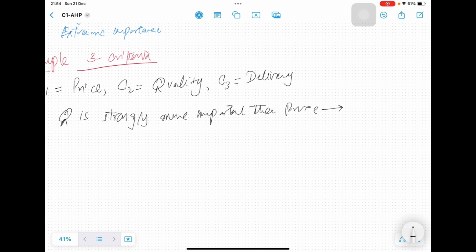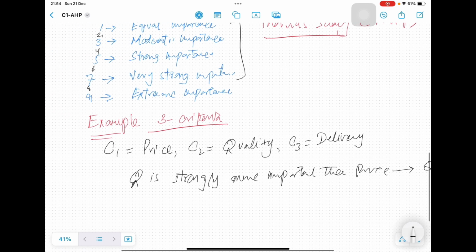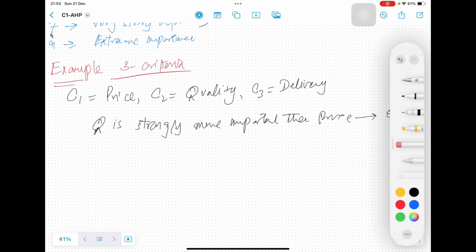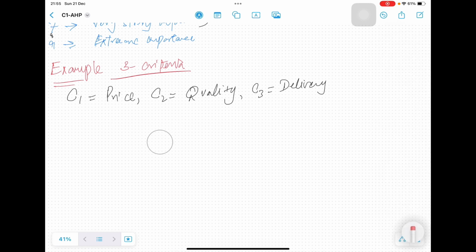I can give it 5 because if you look here, strong importance is 5. So I give 5, or you can do it directly in a matrix.